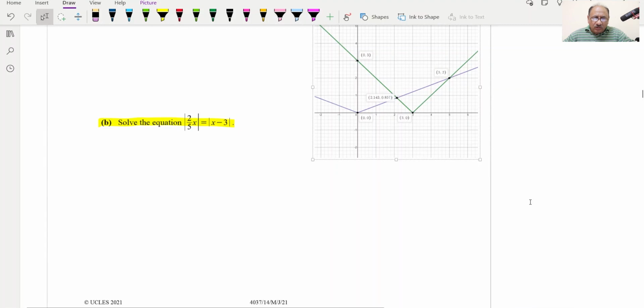When they say solve, it means we have to solve algebraically and reach the answer. We can solve this as 2 over 5 x mod, and basically we can take the square.